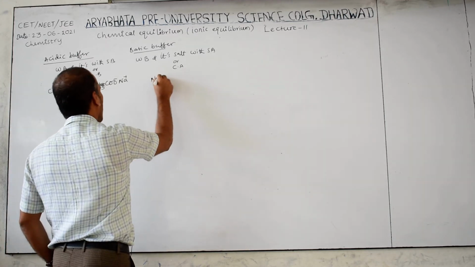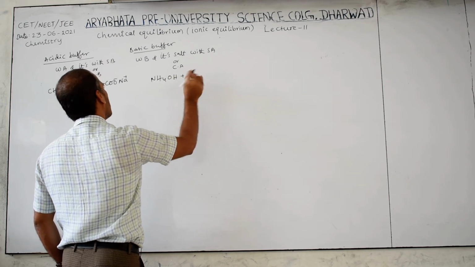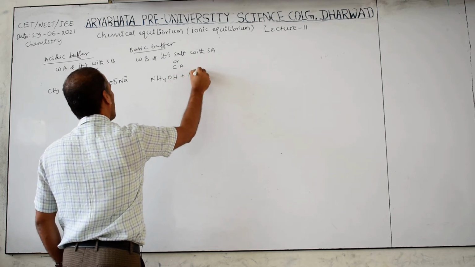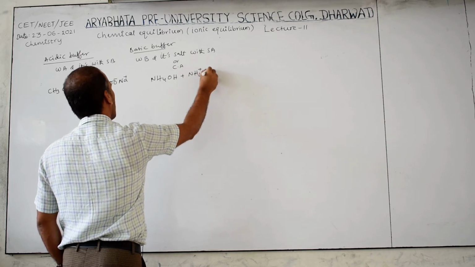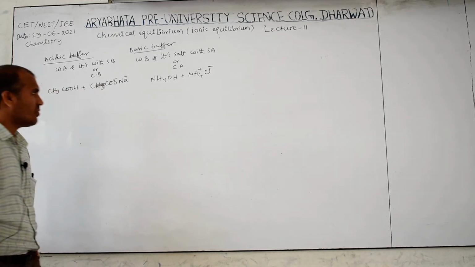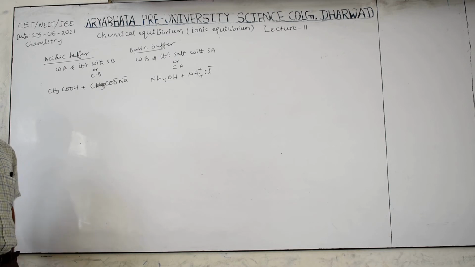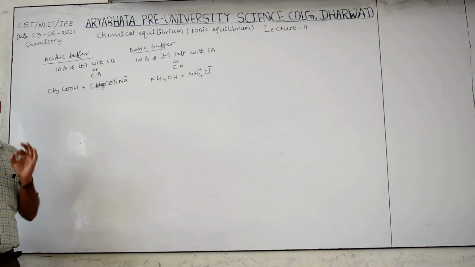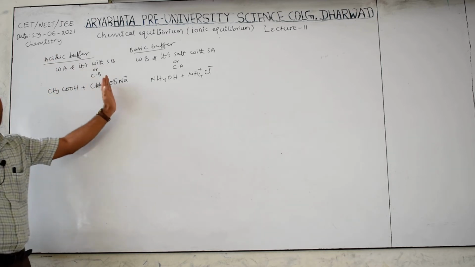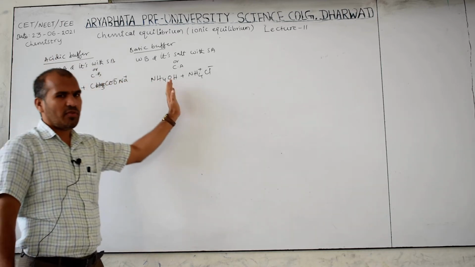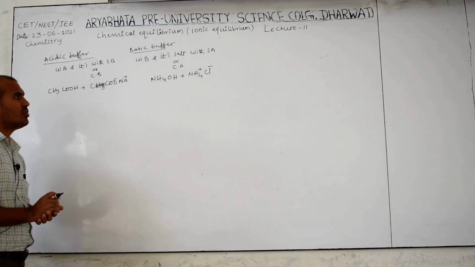Likewise, NH4OH and its salt with a strong acid, NH4+ Cl minus. Okay, so these are the types. Not only these are examples; you should know that in a mixed buffer a weak acid is required with its salt with a strong base, or a weak base with its salt with a strong acid. If this is there, it is a buffer solution, otherwise not.